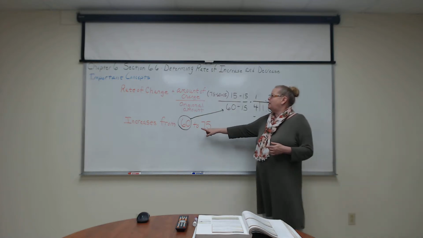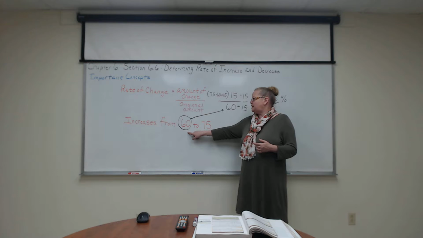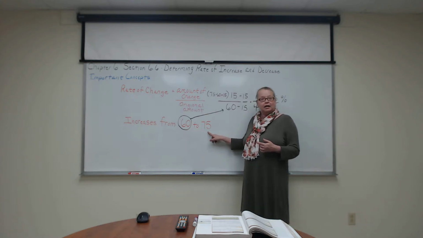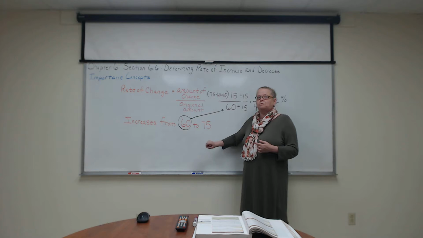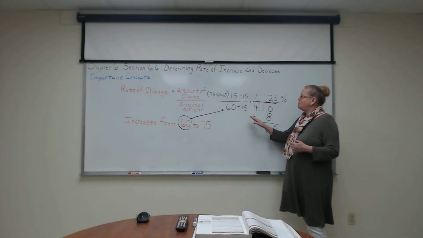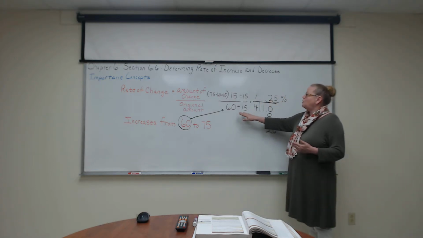Now, keep in mind that had we done a decrease from 60 to 50, we still would have used the 60. We go with the original number, even if it's the bigger number. So here, in this example, our original number is 60.